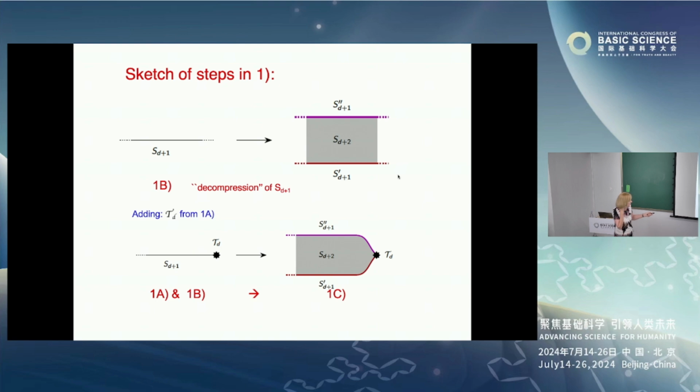Now, this decompression of the symmetry theory in D+1 dimension, in D+2 dimension, takes this boundary condition, physical edge modes, into edge modes that are connected to two D+1 dimension symmetry theories via the D+2 symmetry theory.